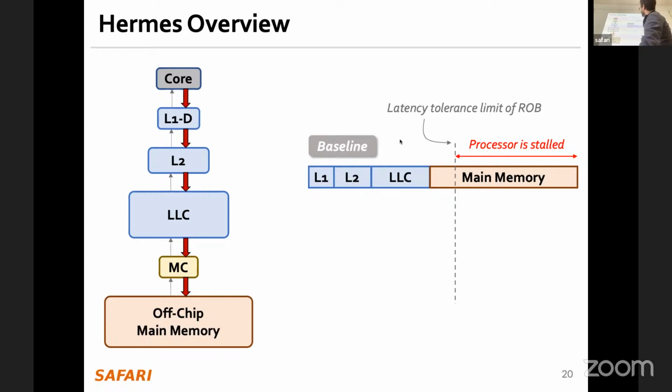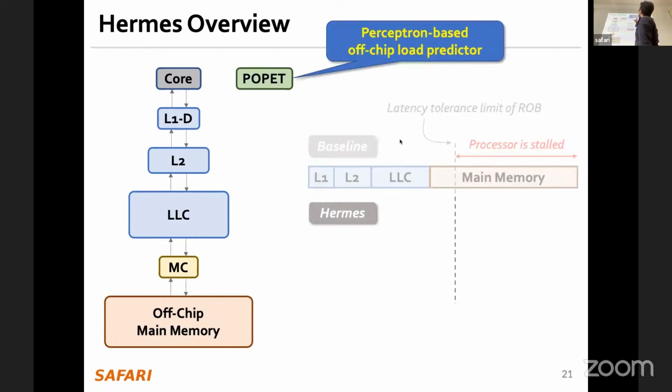Now, what Hermes does is employ an off-chip load predictor, which we named Puppet. When the core generates a load request, at that time itself, it asks Puppet, is it likely going to go off-chip? If Puppet says yes, then Hermes accesses the L1 data cache. Why?